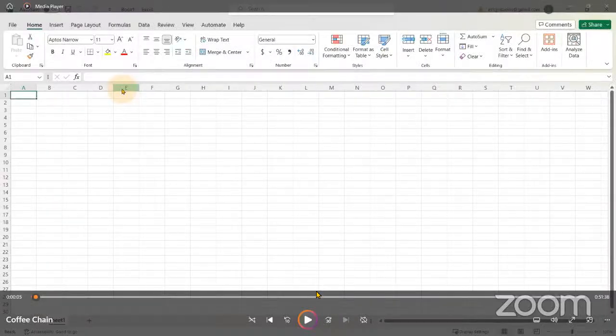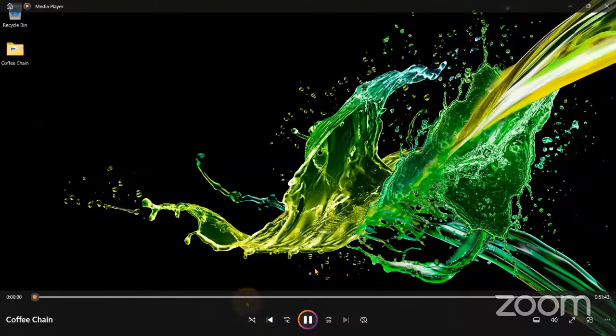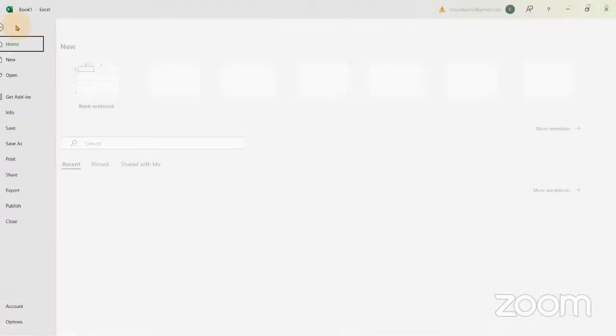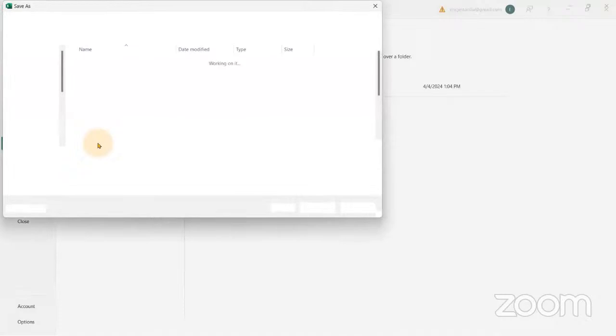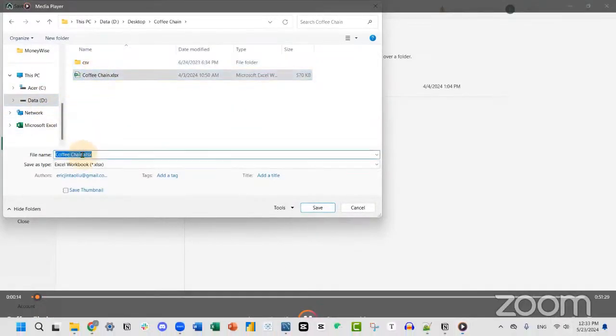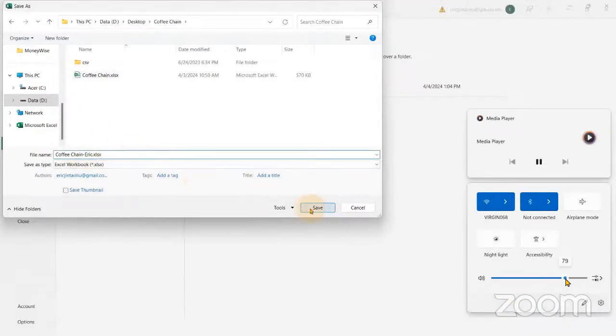Open Excel. Start a new workbook. And save it.